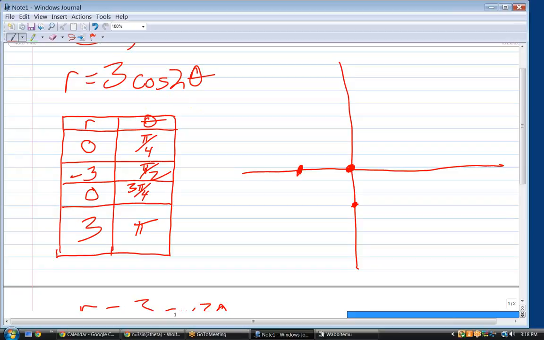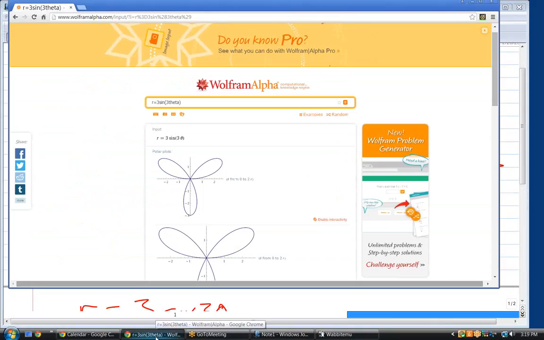And if you gradually go through, this is also a rose curve, I believe. If you gradually step through these instead of in increments of 45 degrees, I believe you get this kind of a rose curve. Let's see, is that the sine rose curve or is that the cosine?